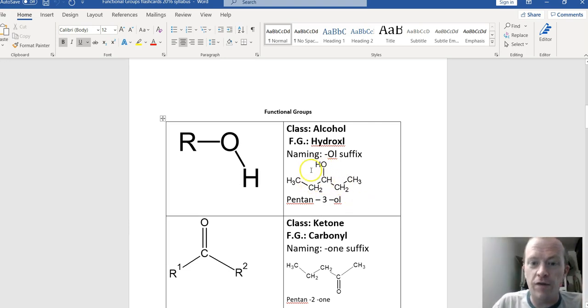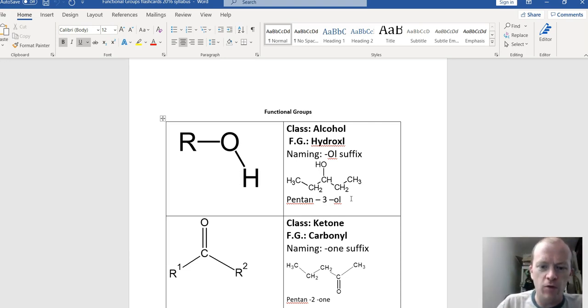We want to give the functional group the lowest possible number. Either way we count, the OH is attached to carbon 3. Since it's 5 carbons, it's pentan, and then on carbon 3, and then ol. So pentan-3-ol is how you name that one.